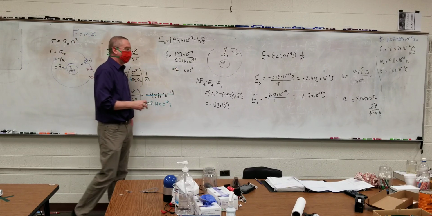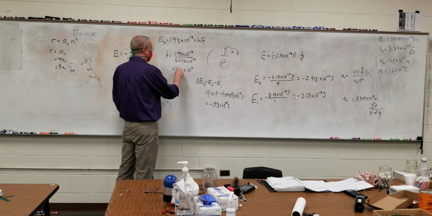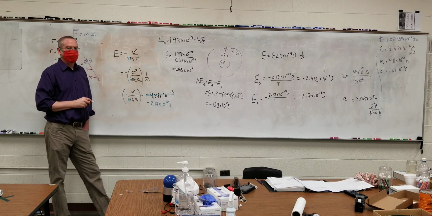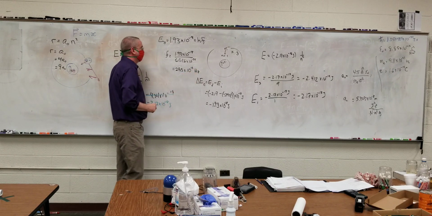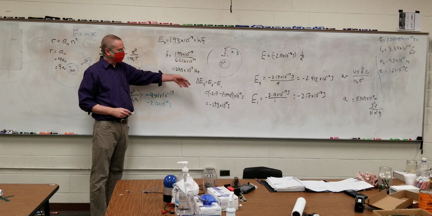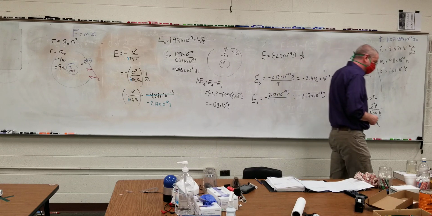Yeah, 2.913. 2.913 yes, times 10 to the 15th. Units? Hertz. Yep. This would be joules divided by joule seconds. The joules would cancel out, and you're left with seconds to the minus one, hertz. All right. So that's the frequency of the light that is being emitted.